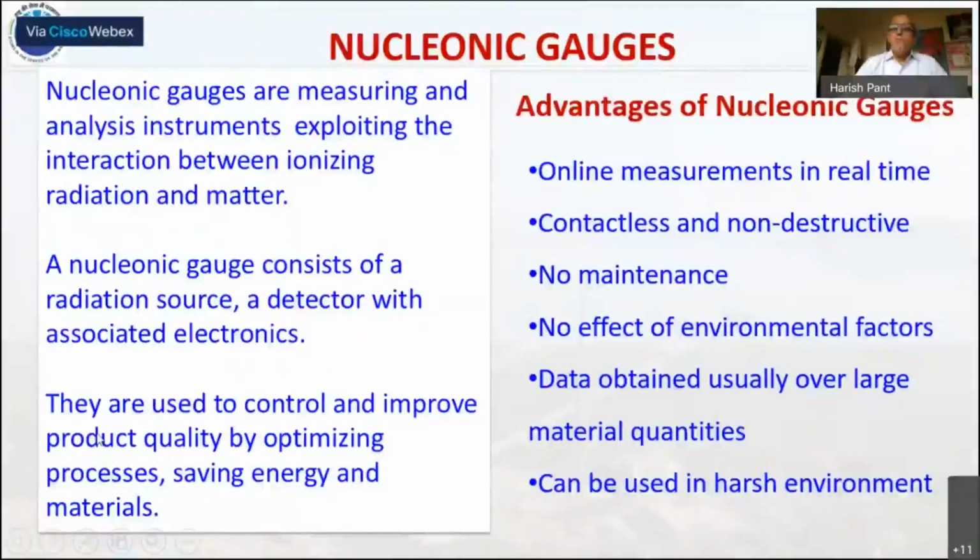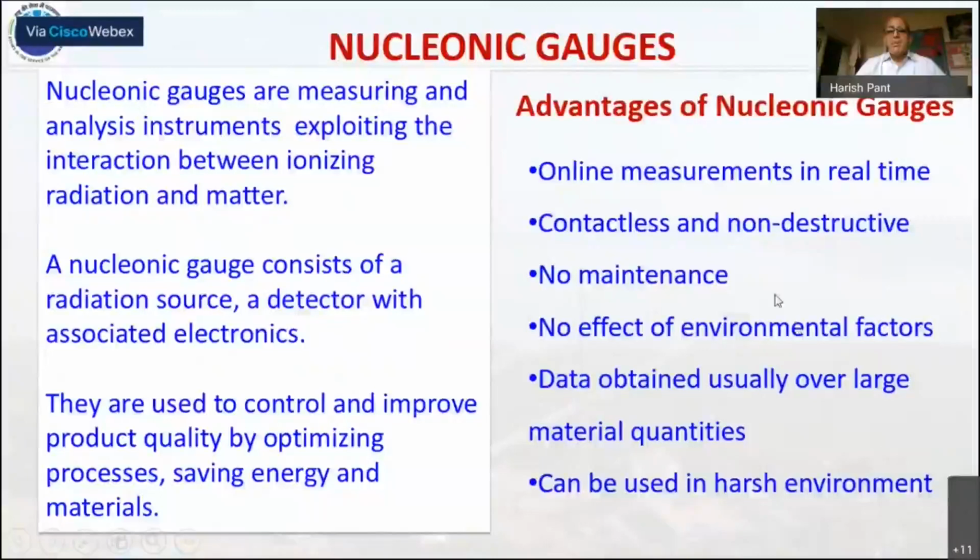There are a number of advantages of these nucleonic gauges. One can do online measurements in real time. They are contactless and non-destructive. No maintenance is required. Once you install them in the plant, they can be used for years, till the radioactive source has decayed to a certain level.